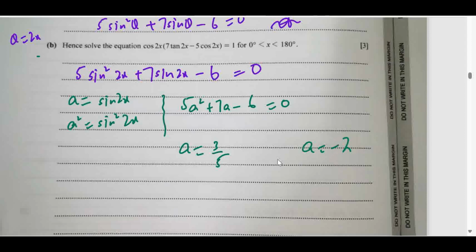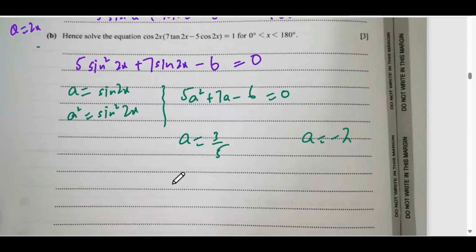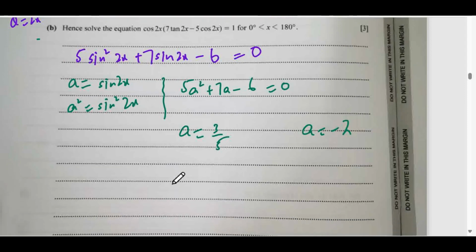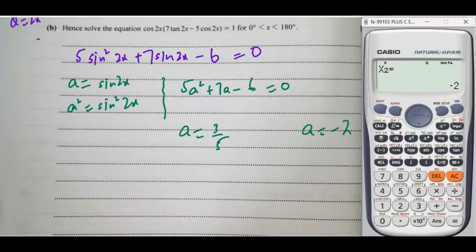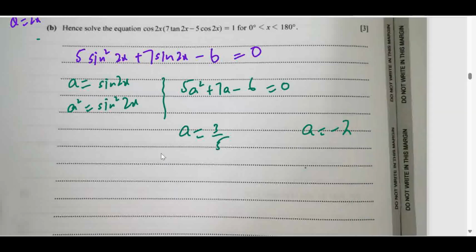Now how can we simplify it further? Let me see the solution. Okay, let's see that a is 5, b is 7, and c is minus 6. Now 3 by 5, so we need to replace it with a.